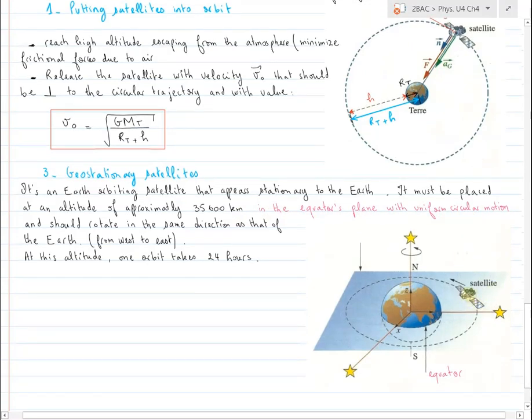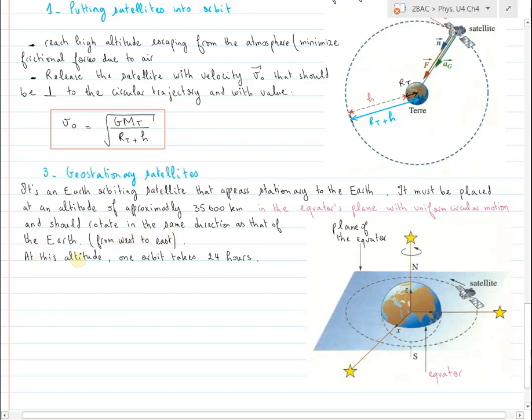So the satellite should be placed in the equator plane, the plane that cuts the Earth in halves at the equator. The satellite should be contained in this plane, and should have uniform circular motion and should rotate in the same direction as that of the Earth, obviously, which means from west to east.